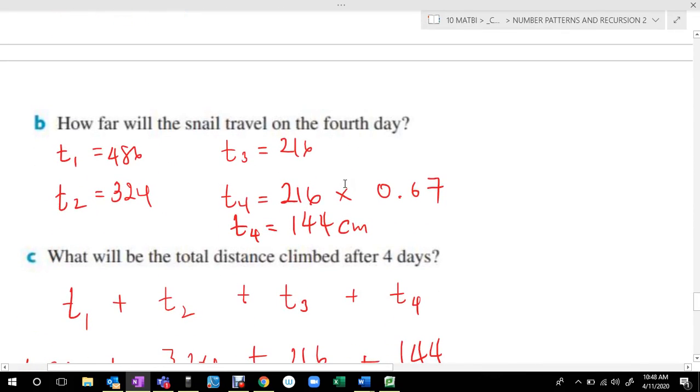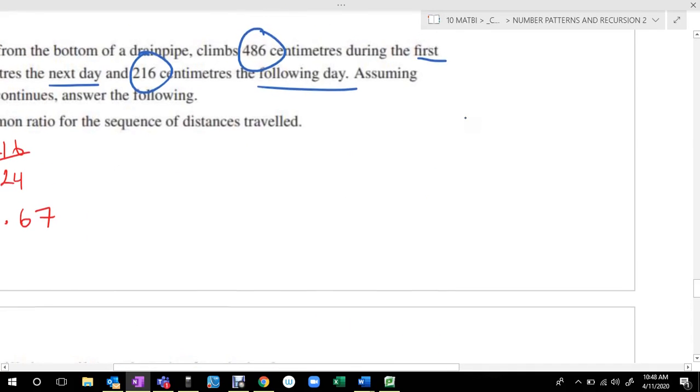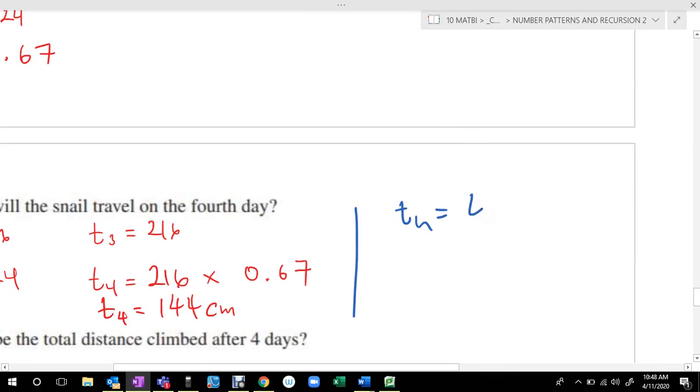So how far will the snail travel on the 4th day? You can use the nth term rule for that if you wanted to. So if you wanted to use the nth term rule, you can go Tn equals 486 times 0.67 to the power of n minus 1. And we're looking for the 4th day.